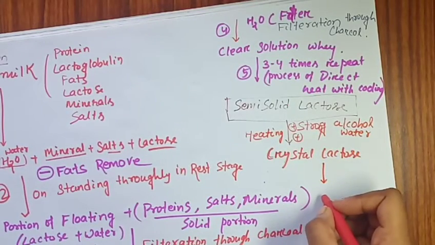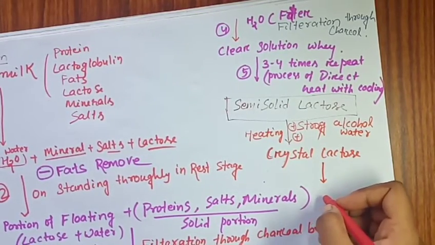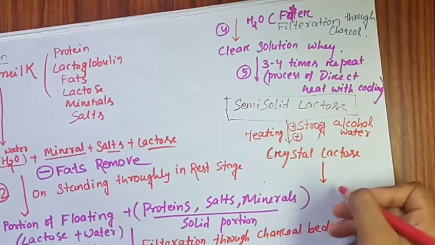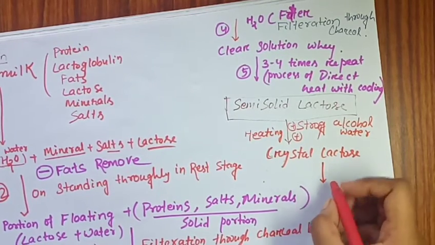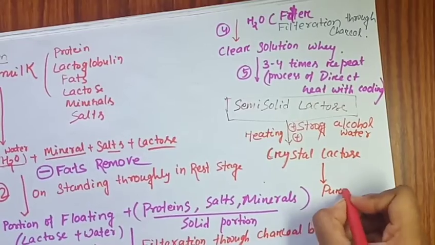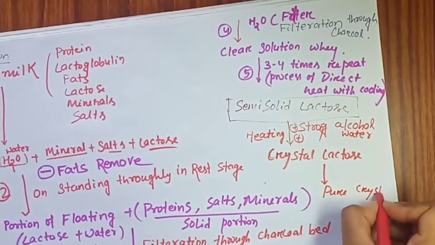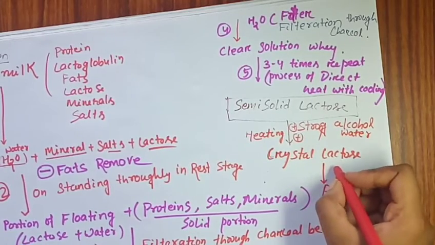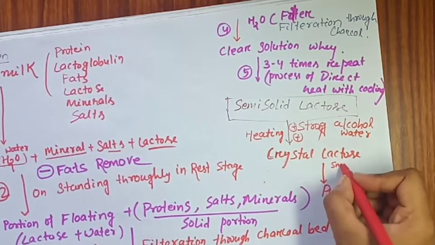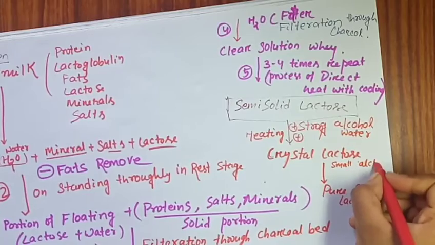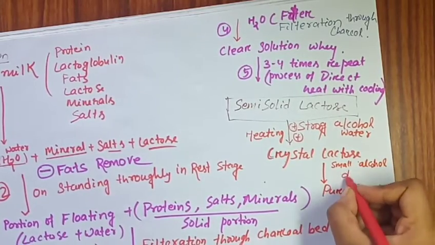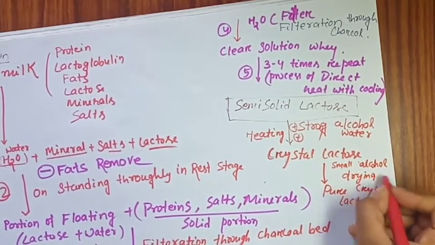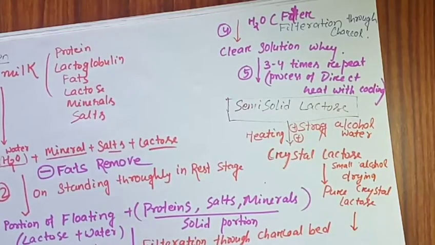Now from crystal lactose we want pure crystal lactose, so we give a slight amount of alcohol. So what do we do? We give only a small amount of alcohol, then drying, so that we can get pure crystal lactose.